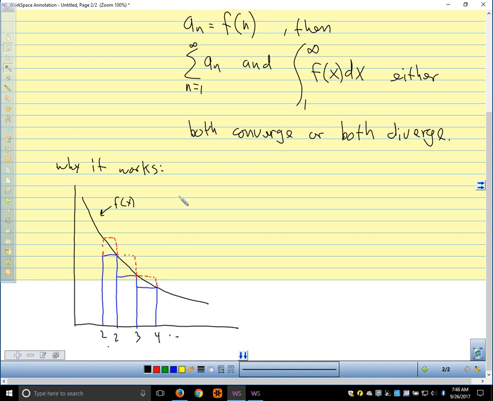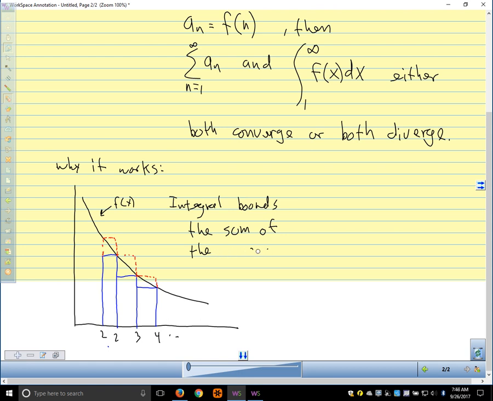So the integral puts a bound on the sum of the series, sorry.